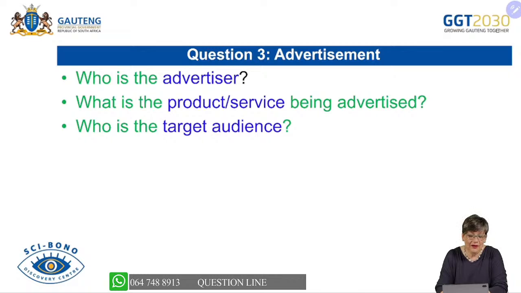Now remember, when you answer this question, be specific. You can't say people. You can't say people who love eating hamburgers, for instance, or people who love smartphones. That you can do. But you can't just say people.